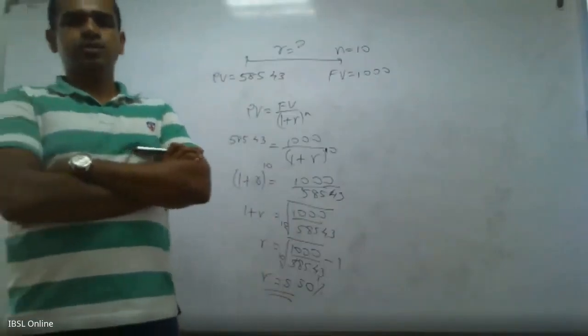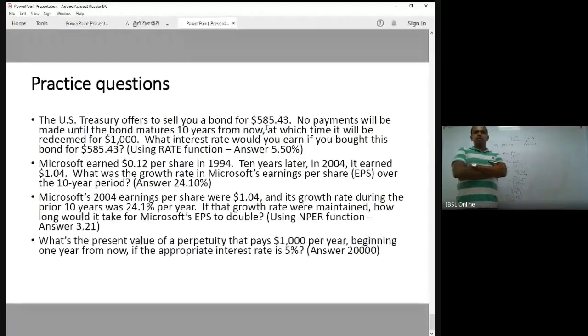So earnings per share was 12 cents in 1994. 10 years later, in 2004, it earned 1.04. What was the growth rate in Microsoft's earnings per share over the 10-year period?